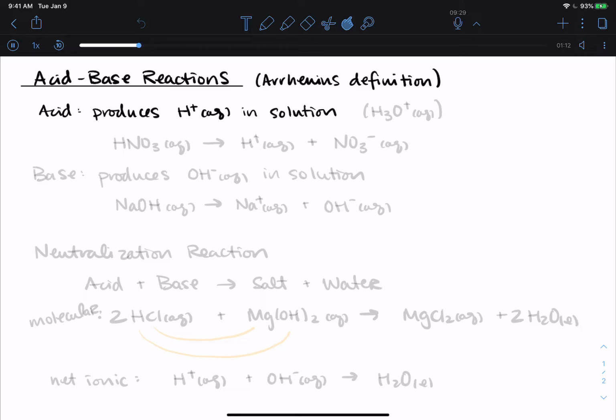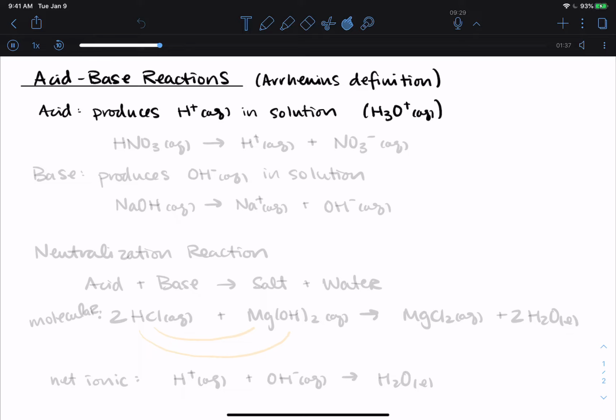What this really means is that it is H3O+ in solution. So the H+ is actually attached to a water molecule, but depending on how the reaction is written, sometimes it's just written as H+, but it's important that you know it's not just there by itself.